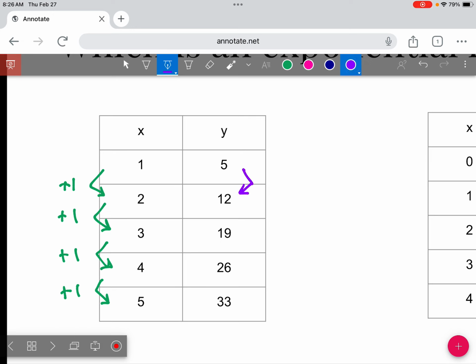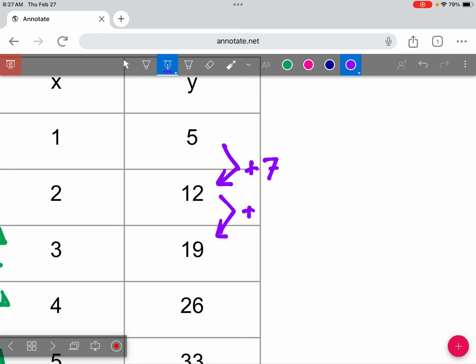What happens to our y's on this first table? How did we get from 5 to 12? 5 plus what gives us 12? 7. So we added 7 here. 12 plus what gives us 19?